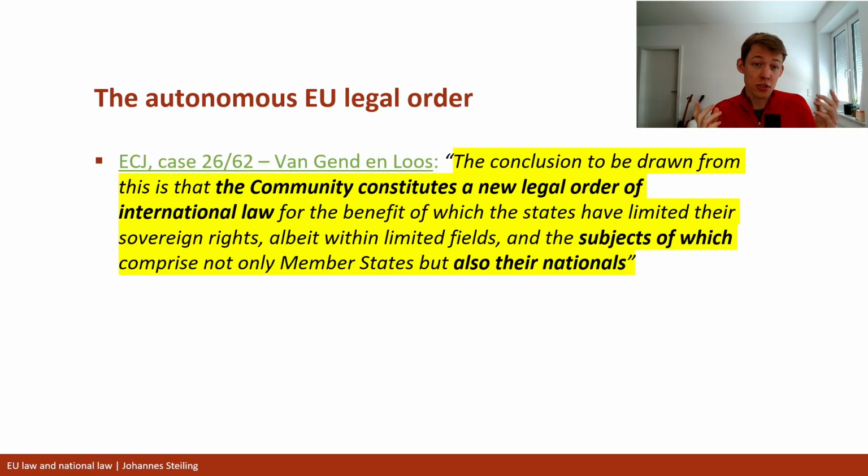The first crucial thing about the EU legal order is that by concluding the treaties, the member states have given certain competences to the EU, and in that sense, limited their sovereignty.